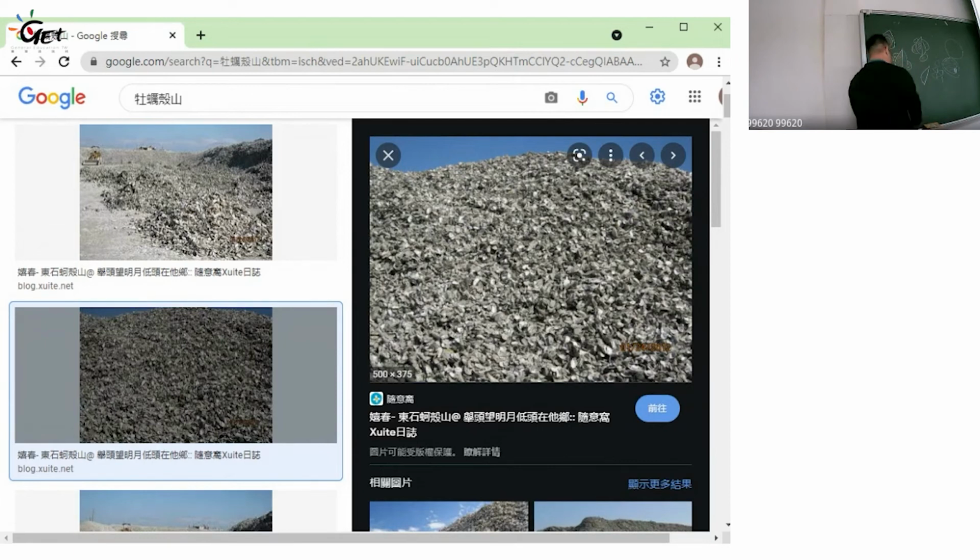So it's quite terrible. If you live beside this kind of oyster shell mountain, you have odd air smells every day. It's a terrible smell. Okay, it's an environmental problem. And all the meat remaining in the shell will attract flies. And those flies will live here and produce their generations.